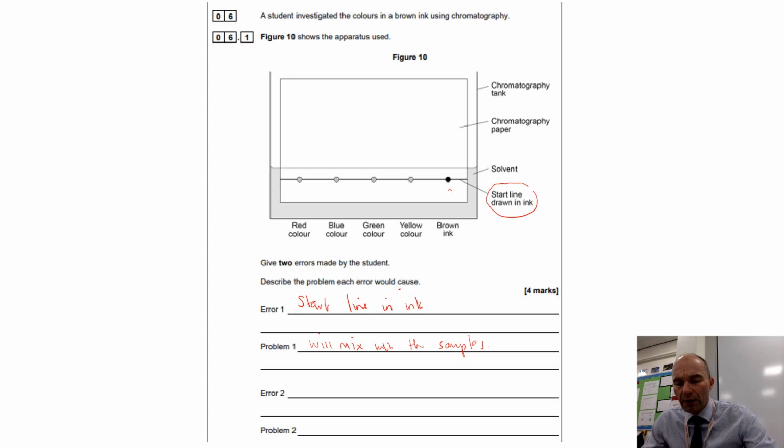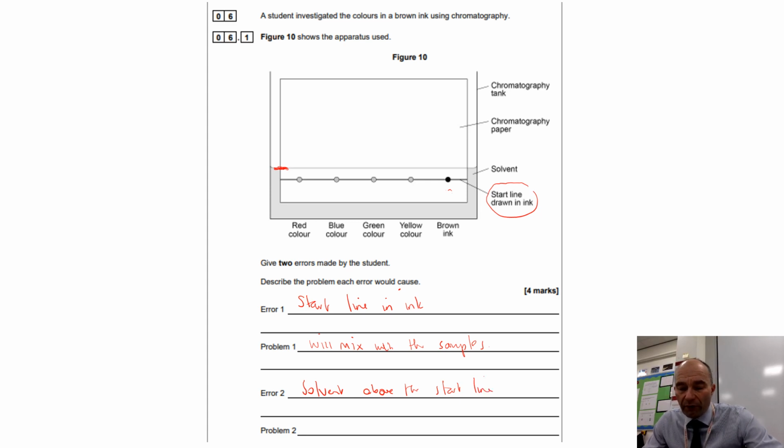The other one is our solvent line. Our solvent line is above the start line.